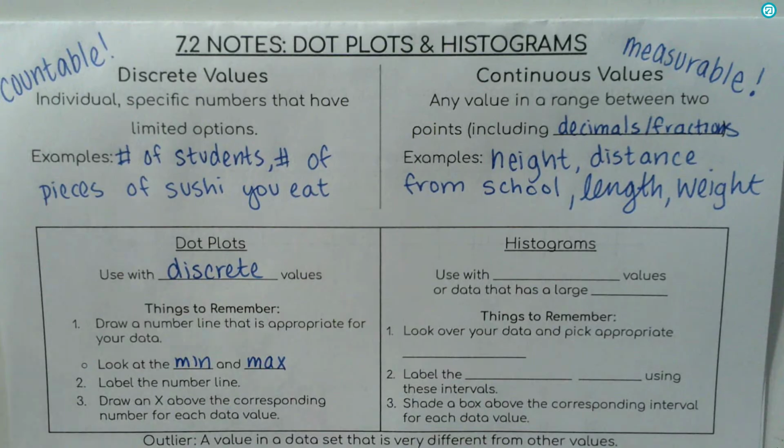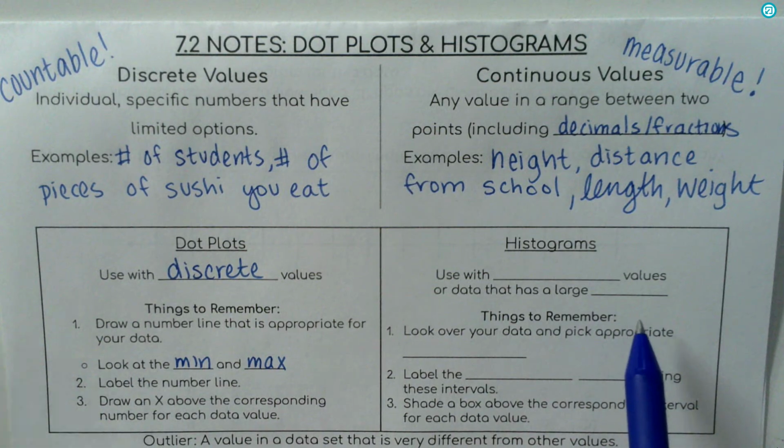So if you're graphing the ages of people in this class, you're not including me, you probably only need to include from 14 to 18. If you're graphing the ages of everyone in your family, you might need to include from 0 to 100, which we'll get to, and probably use a histogram for that.